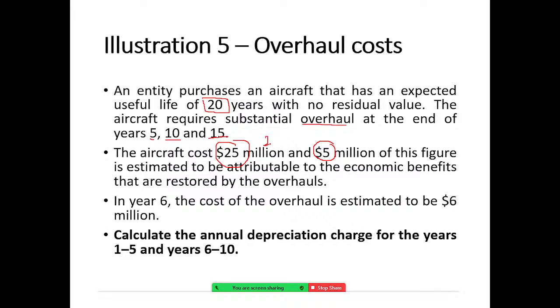It means 20 million is the cost for the aircraft, and every 5 years the major overhaul cost will be incurred. So the first 5 million is considered as an overhaul cost. In year 6 the cost of the overhaul is estimated to be 6 million. Calculate the annual depreciation charge for years 1 to 5 and years 6 to 10.